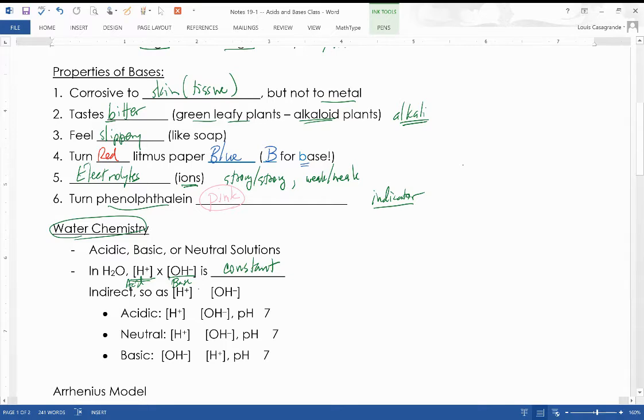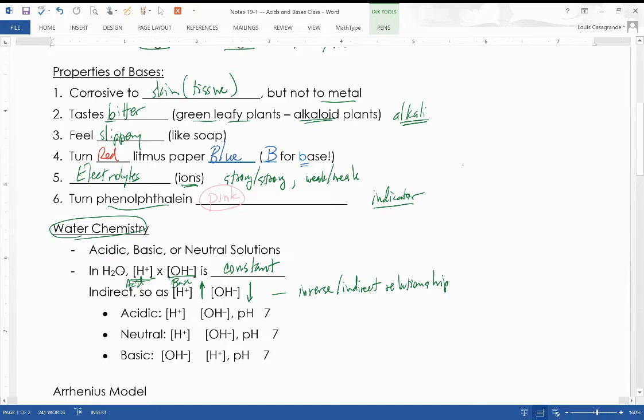So as the hydrogen ion concentration goes up, the hydroxide ion concentration has to go down. This is an inverse, or indirect, relationship. As one goes up, the other has to go down. And so this is what gives water a lot of its acid-base properties.